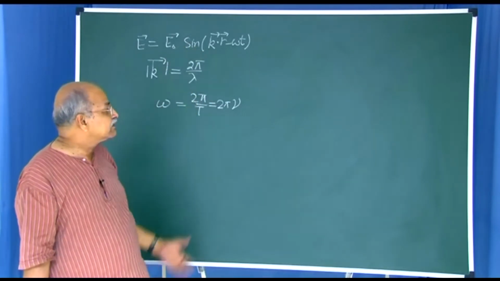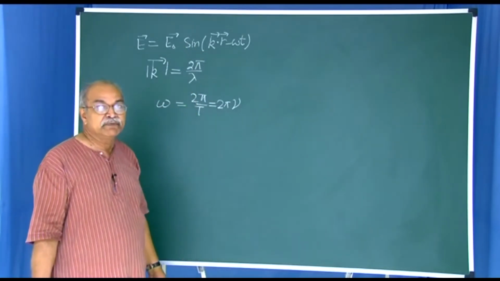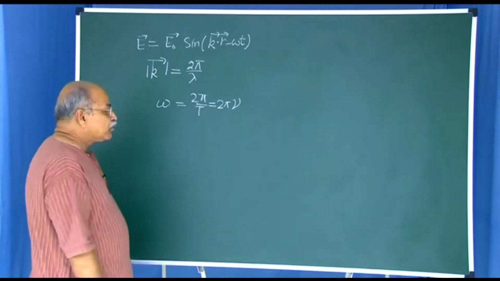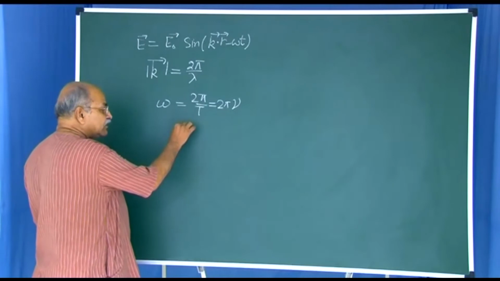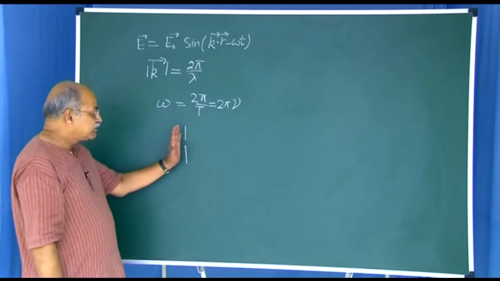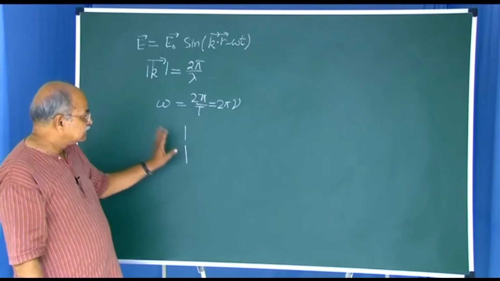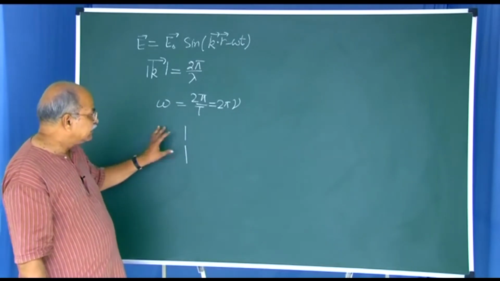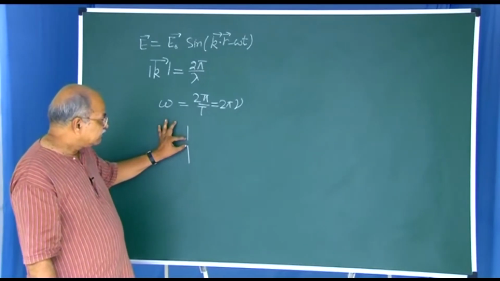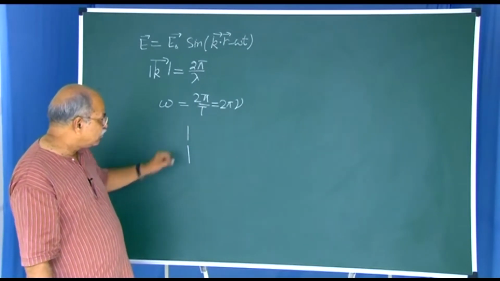Now, this wave effect can be very easily shown by a very simple experiment, and that is the diffraction experiment. Say you have a rectangular opening in some opaque board. My board is perpendicular to the plane of the green board, and in this board we have a rectangular slit or opening.